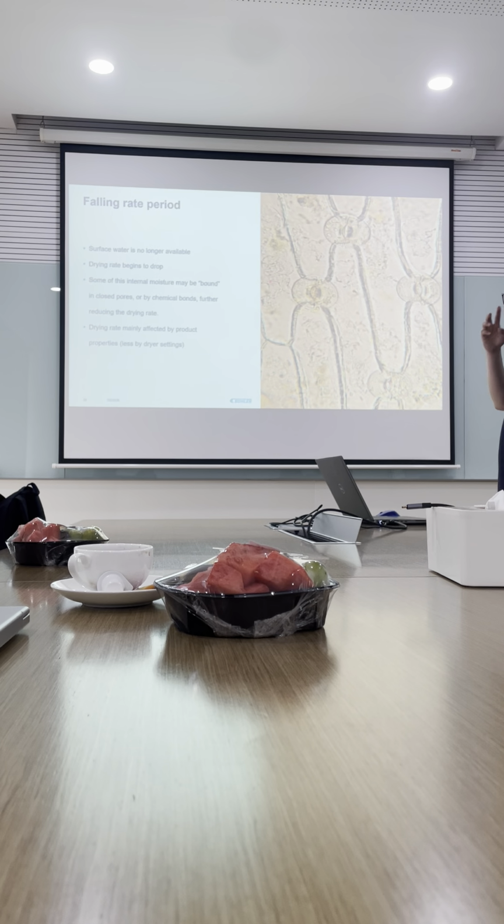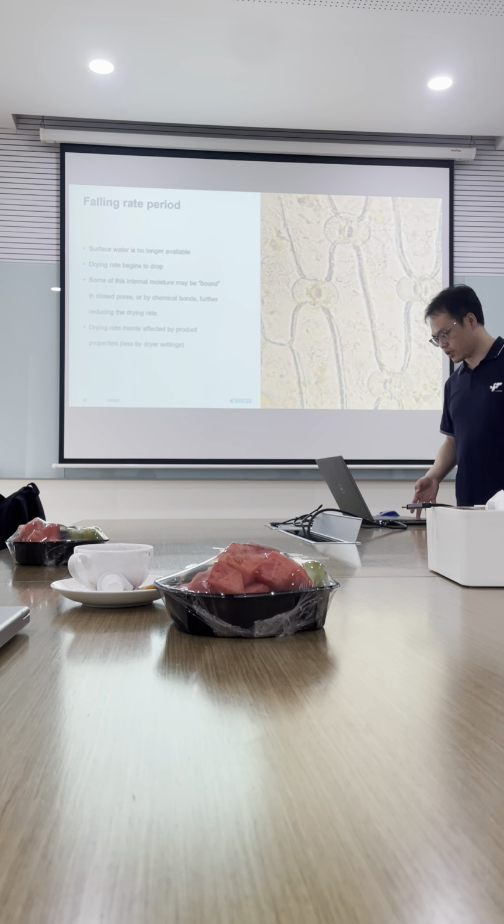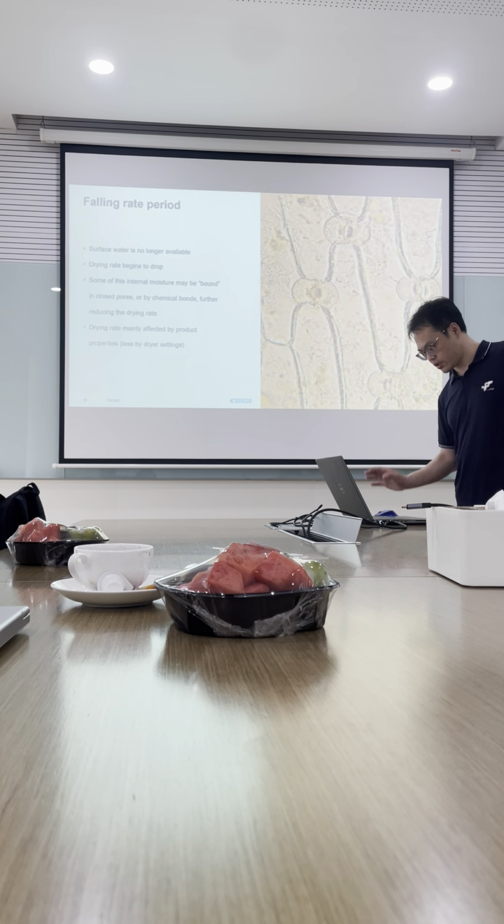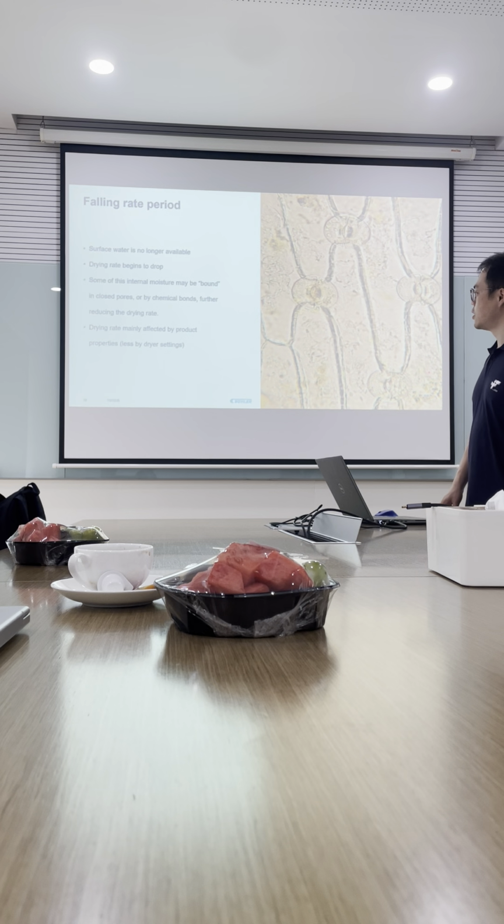During this period, the drying rate may be defined by the product properties such as the size and moisture content, and next by the dryer settings such as the airflow rate and the temperature.